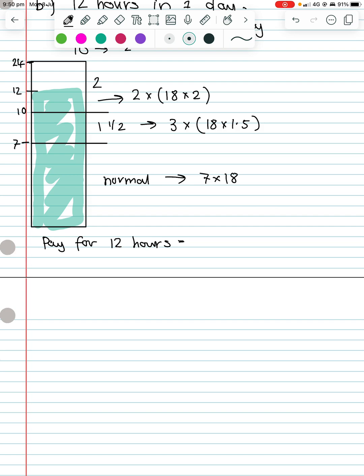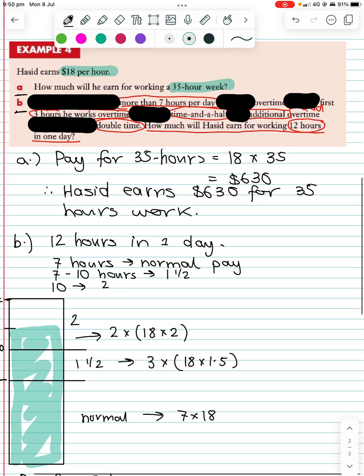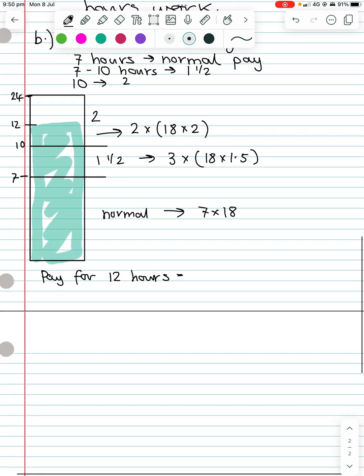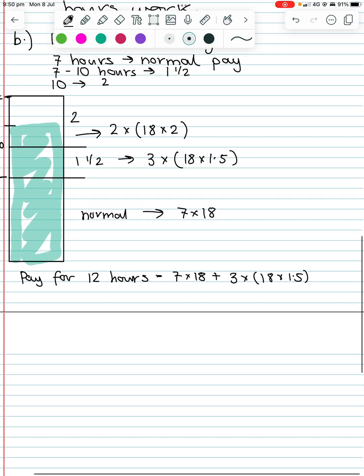And we're going to add all these together because we want additional, so it's telling us add. So it's going to be 7 times 18 plus 3 times 18 times 1.5 plus 2 times 18 times 2.